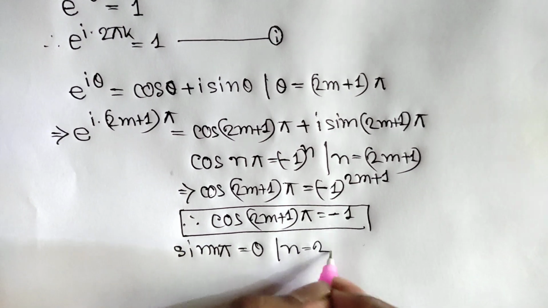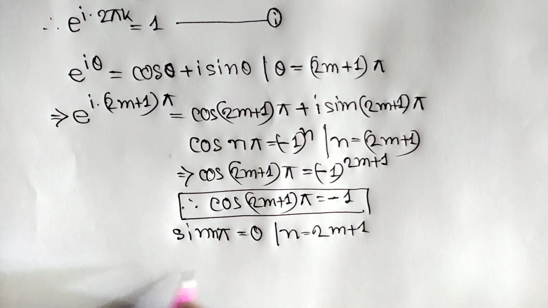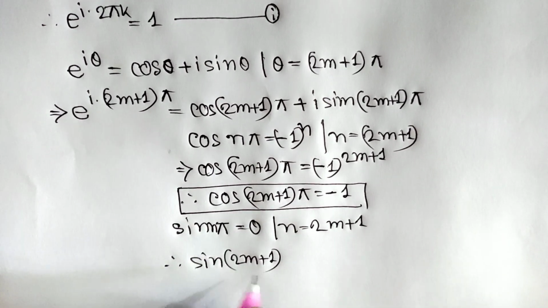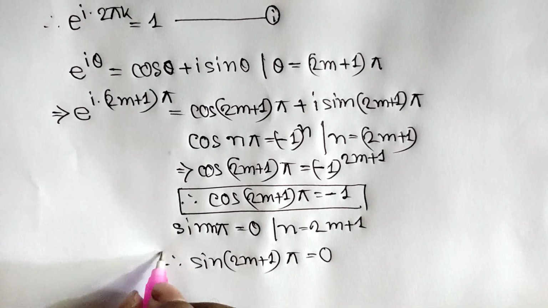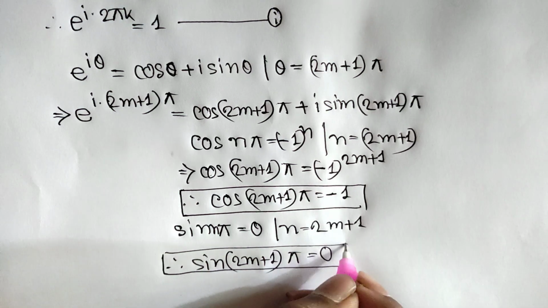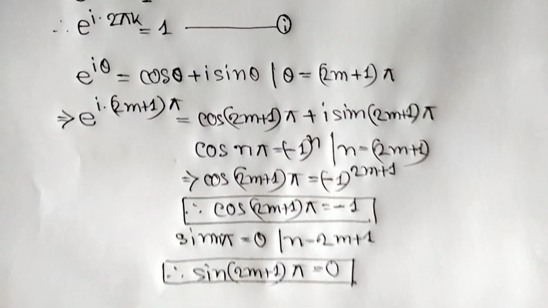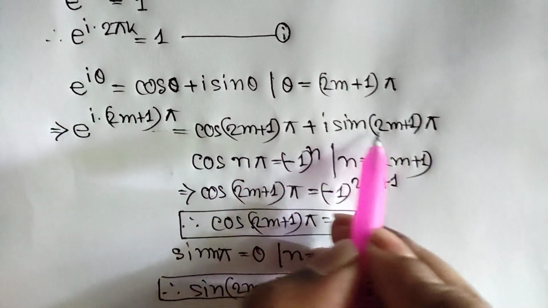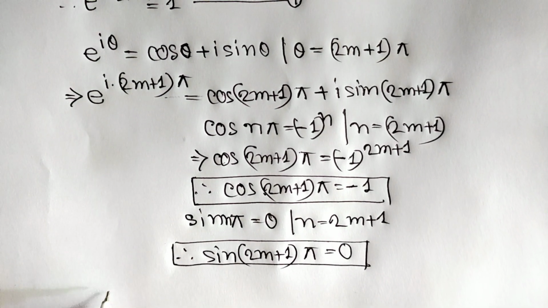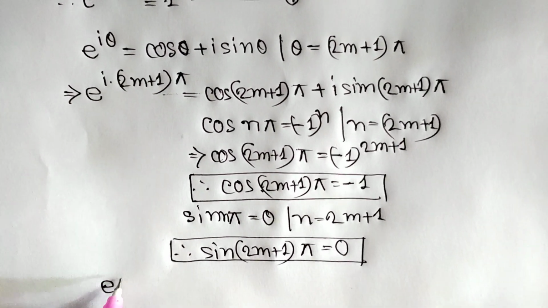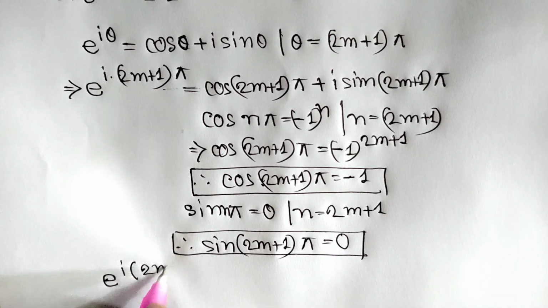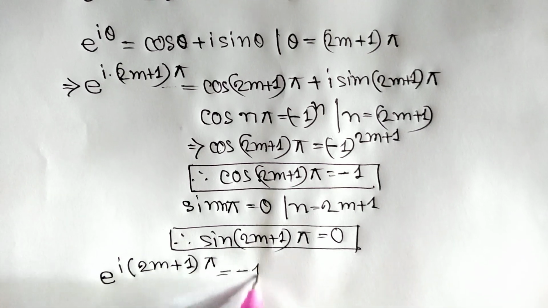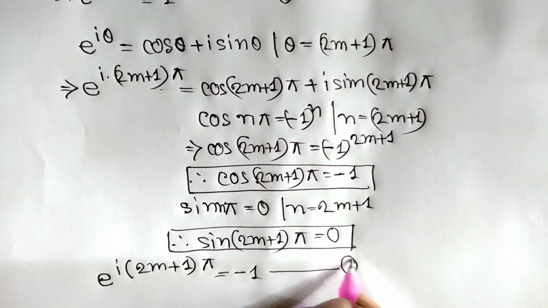Substituting n is equal to 2m plus 1, we will get sin (2m plus 1) pi is equal to 0. Now substituting these two values in this equation, we will get e to the power i times (2m plus 1) pi is equal to -1, and it is called equation number 2.